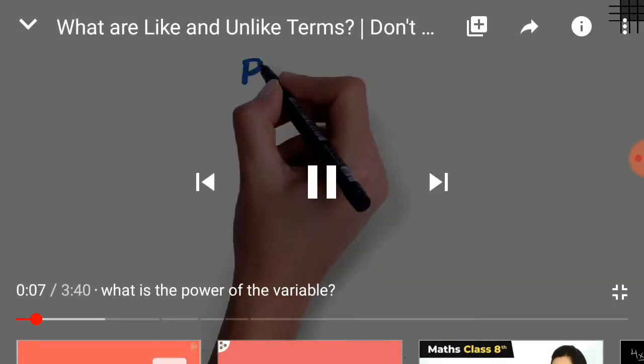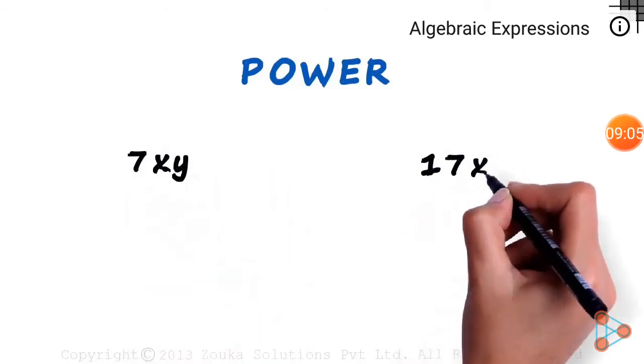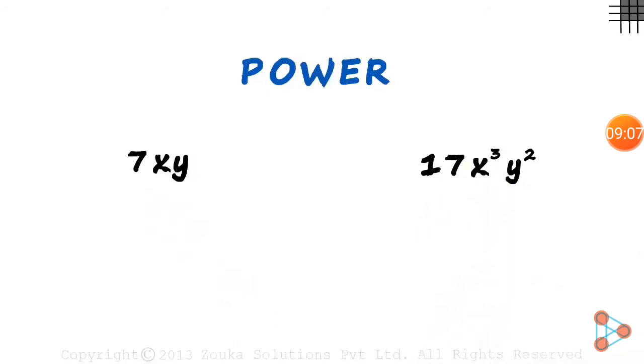To understand the types of terms, we need to understand the concept of the power of variables. Let's consider two different terms. The first term is 7xy and the second one is 17x cubed y squared. Observe the first term. It has two variables, x and y. What is the power of each of these variables?